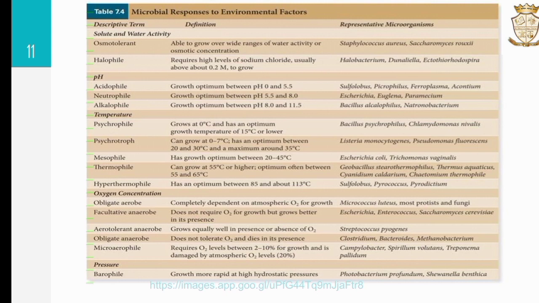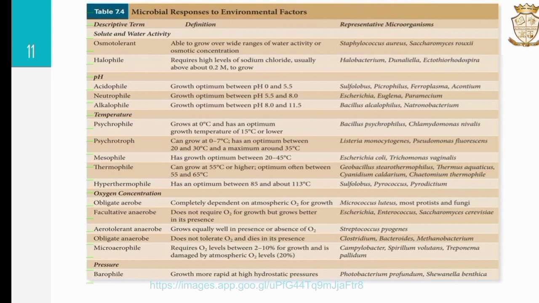Example is Sulfolobus acidocaldarius. It survives at a pH of 1 to 3 with high temperature. And a second example is Ferroplasma acidarmanus and Picrophilus oshimae, which belong to pH 0.